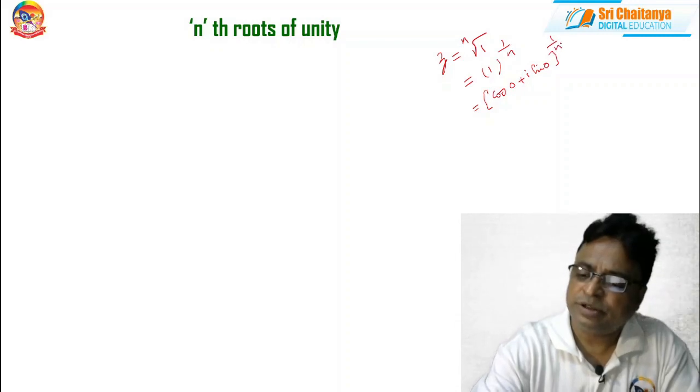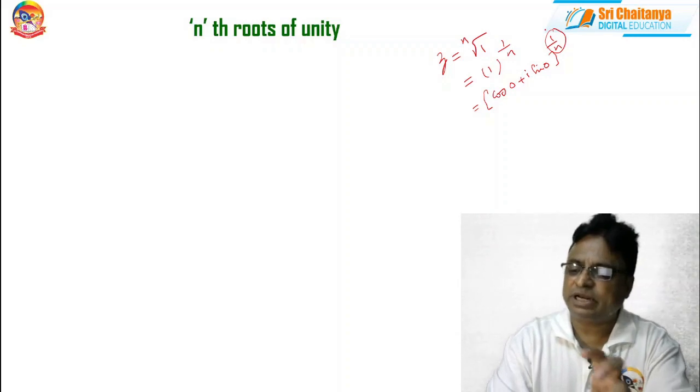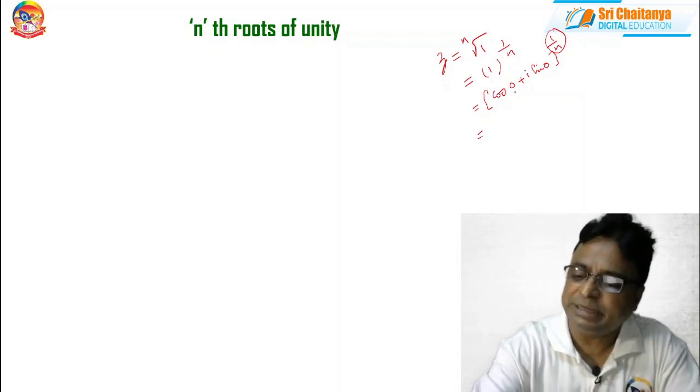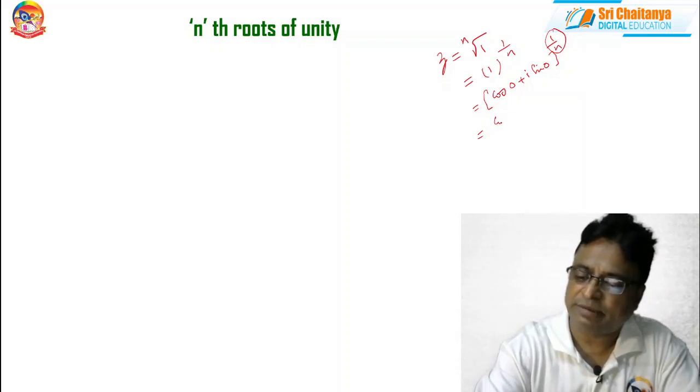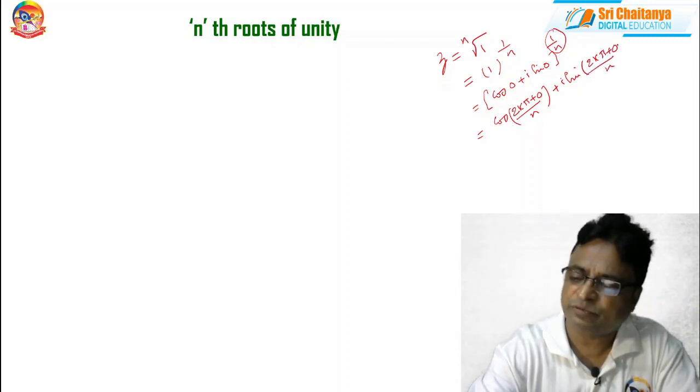Since my power is 1 by n, it is a rational number. Whenever a rational number power is given, you add a general value 2k pi to the corresponding angle and multiply that with the power. That means now cos of (2k pi plus 0) into 1 by n, that is 2k pi by n, plus i sin of (2k pi plus 0) into 1 by n, that is 2k pi by n.